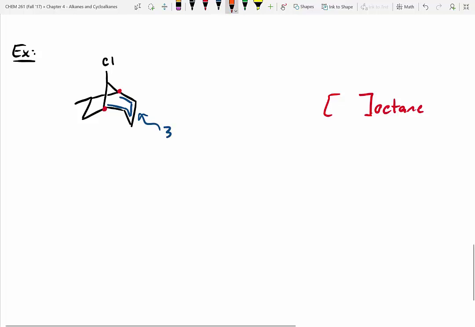If we go along the next pathway, I'll label this one in orange. This has a 2-carbon path length. And then the green one right here is a 1-carbon bridge. So this would be a 3,2,1 octane. And again, we want to put bicyclo in front.